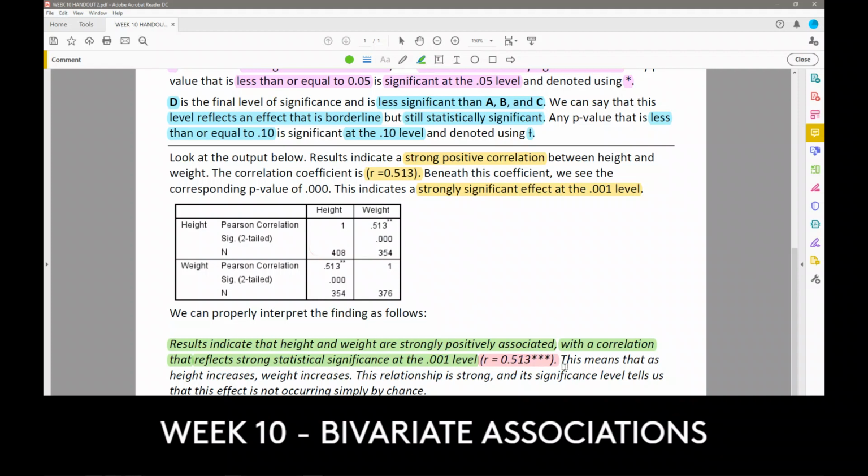So in layman's terms, if you were to explain this to a 7-year-old, what would you say? This means that as height increases, weight increases, okay? This relationship is strong, and its significance level tells us that this effect is not occurring by chance, okay?